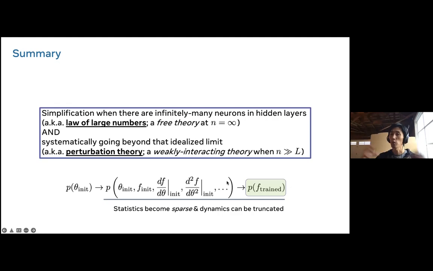So even though there is a really large number of model parameters, you only have to keep track of a few objects. So it's a very sparse description, and the dynamics was also truncated to linear order or cubic order. That's all. And there seem to be 7 questions on the chat, so let me end here.